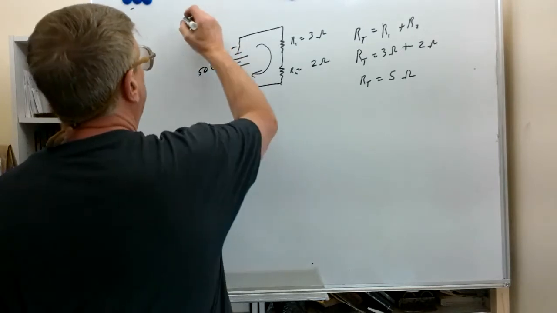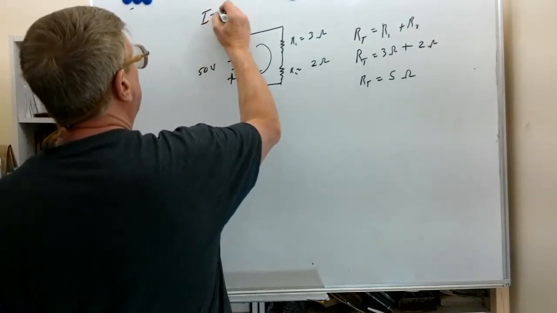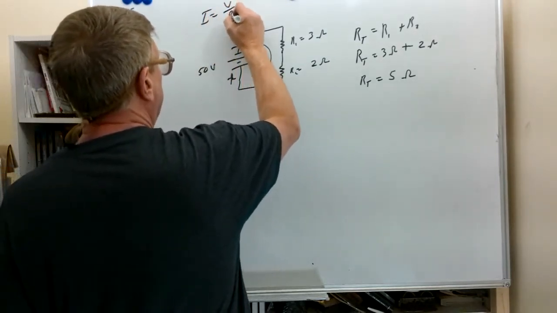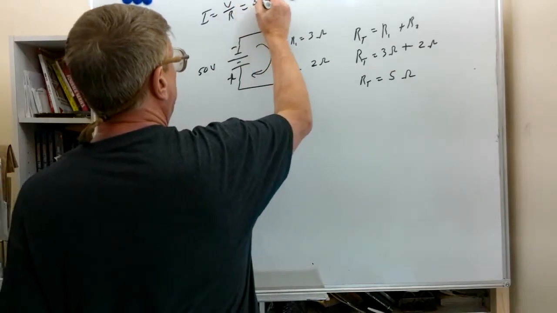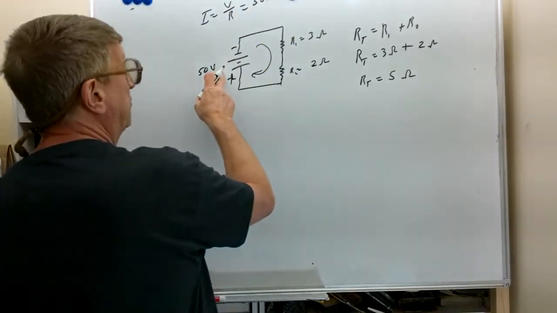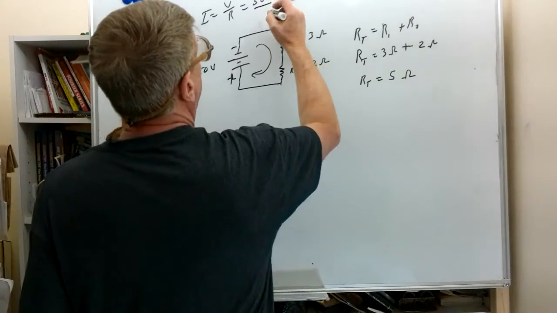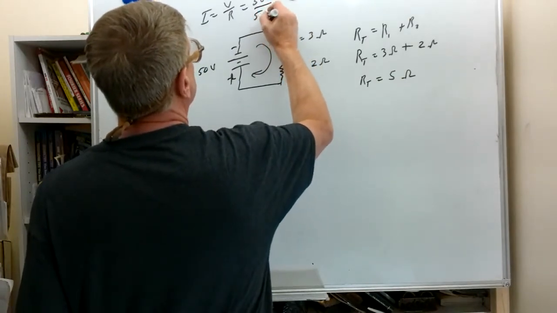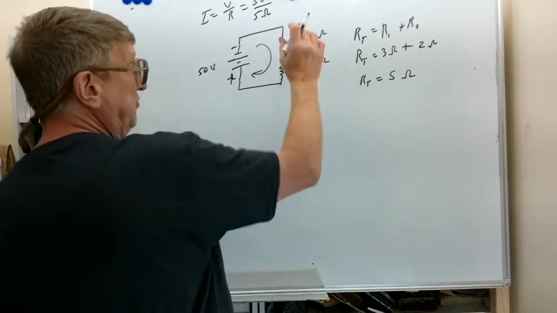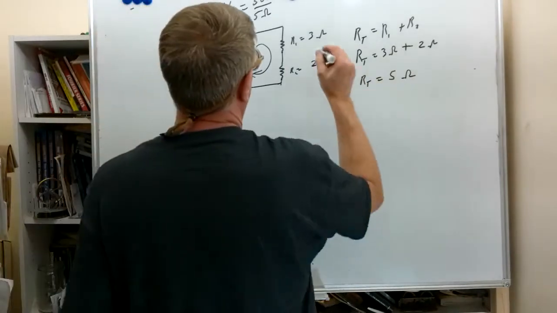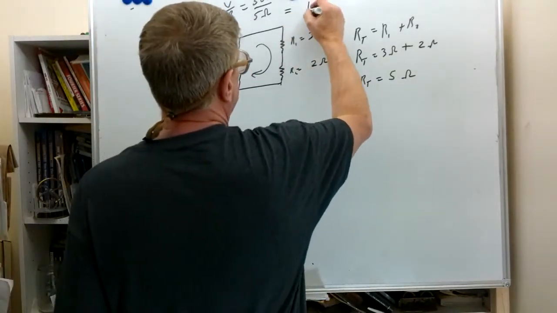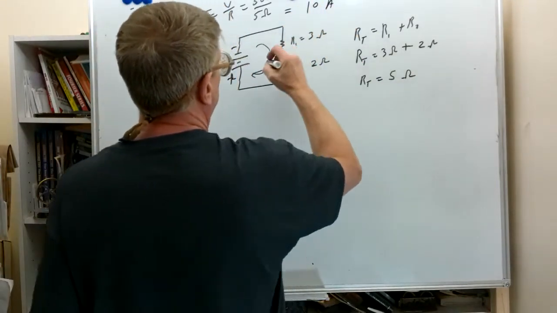So we have current I equal to voltage divided by resistance: 50 volts that we have here in our power supply, divided by 5 ohms, which is the sum of these 2 resistors, which we calculate over here, and that gives us 10 amps of current flow through this loop.